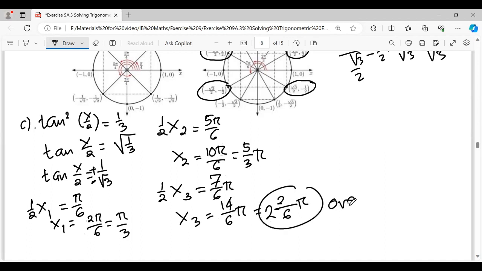Okay, over then 2 pi. So x are pi third or 5 third pi.